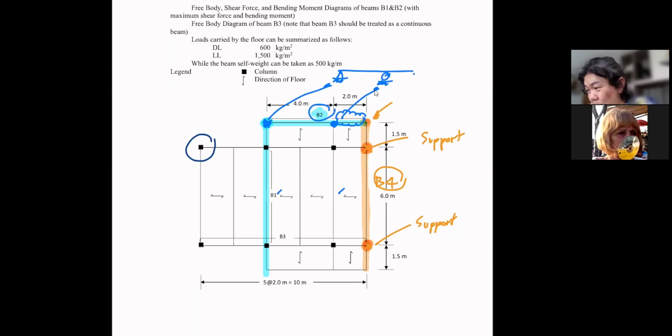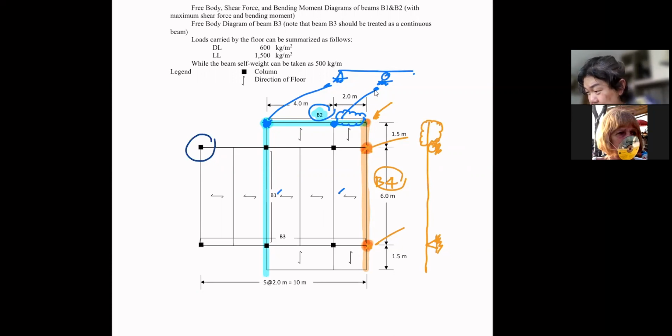And when you look at B4 now, I have to erase this, it gets in the way. Okay. When you look at B4, the free body diagram of B4 will be like this. That means this end does not support B2 either.